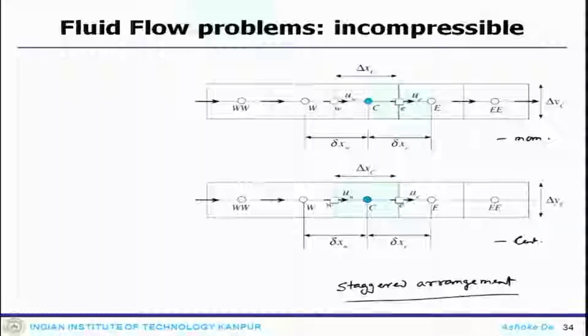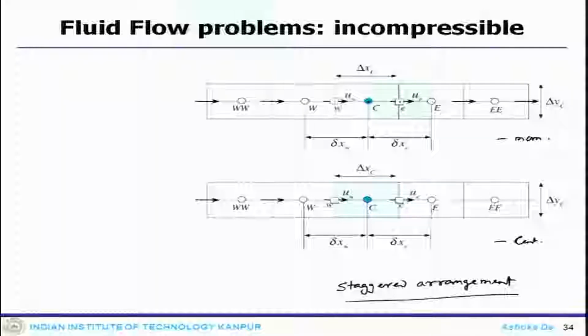So, I am interested in this particular cell, and the velocities are defined or stored at the faces. What helps is that when you calculate the fluxes, you do not have to do any interpolation; straight away you can get the value, and the pressure field is stored at the cell center. That way one can avoid the checkerboard situation which appears in a system.